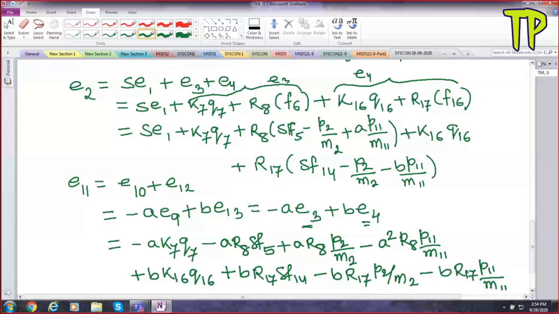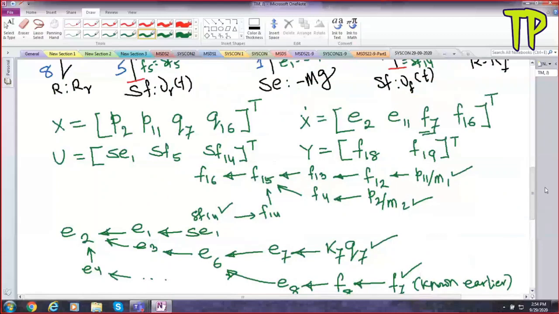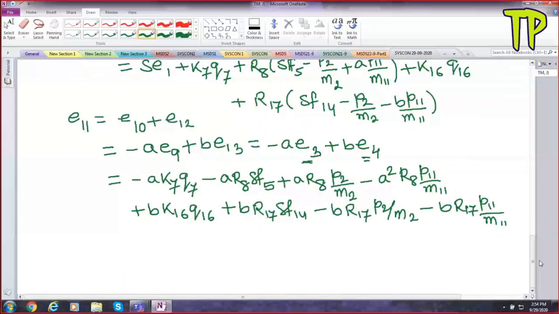Okay. So final equation, this was F, whatever that, F7 was this. And the other one was F16. So let's write also F7 and F16.